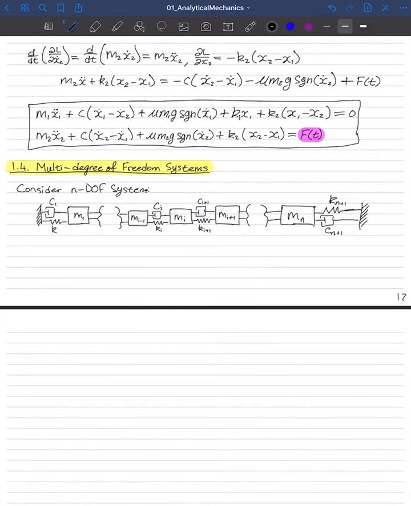Now let's go ahead and draw in our coordinates. Actually, before I do that, let me move this drawing down a line. In fact, we'll do the displacements down here. Actually, we'll call these q1 of t for generalized coordinates. This is going to be qi minus 1 of t.